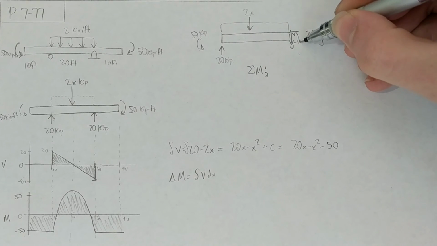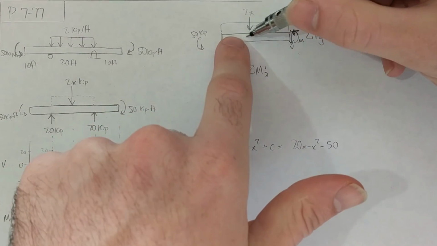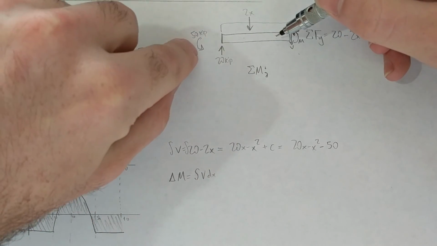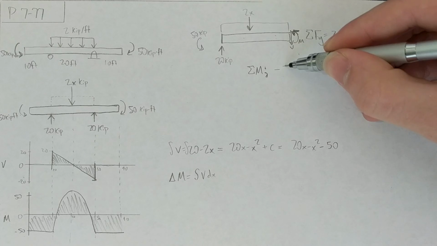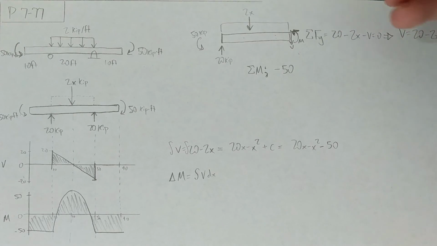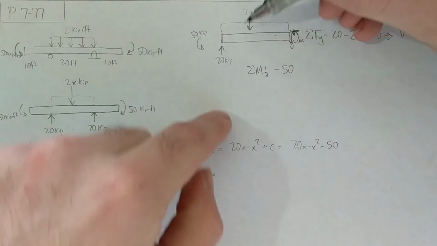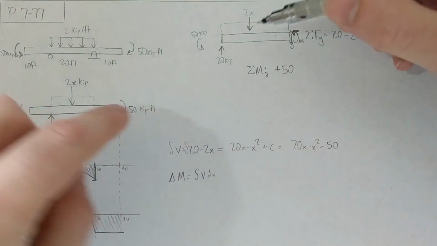That's our V, that's our M. Okay, so as we're going down this way, that 50, even though that's a negative bending moment, it's going to be pushing things counterclockwise, so we can say minus 50, okay? And then, I'm sorry, plus 50, that's my bad. That's a plus 50, all right?